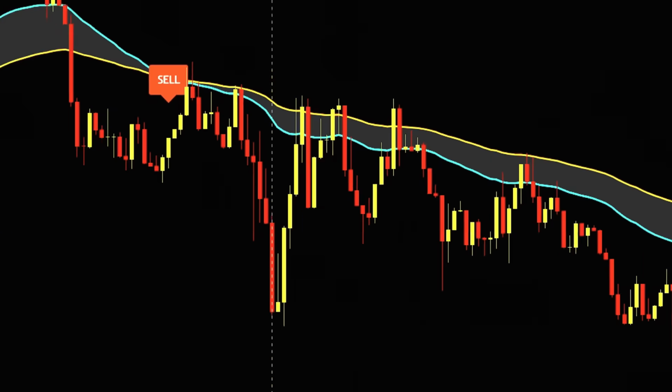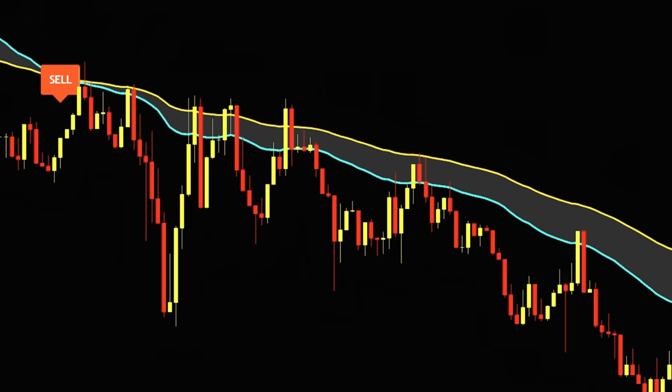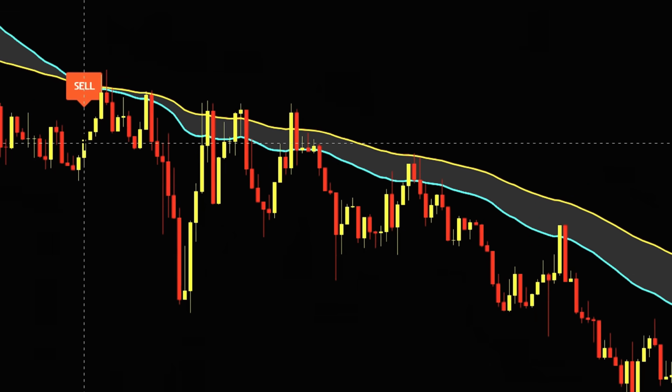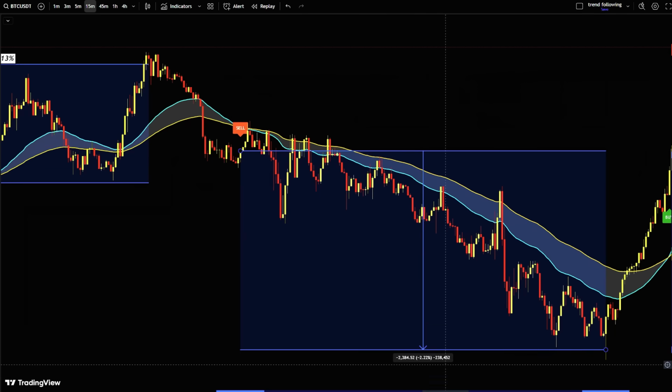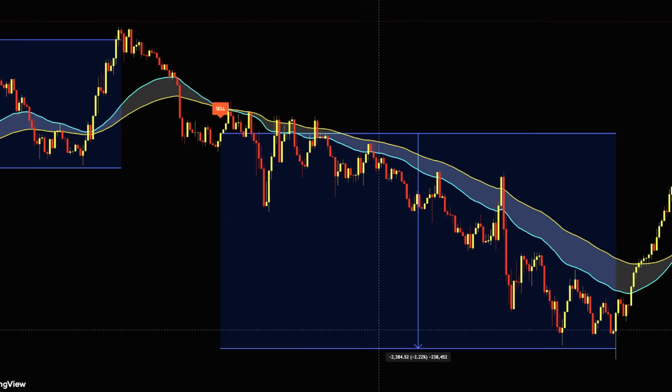Let's keep going. A little while later, we get a crossing to the downside, a sell signal. We take that one, and that's another 22% profit.